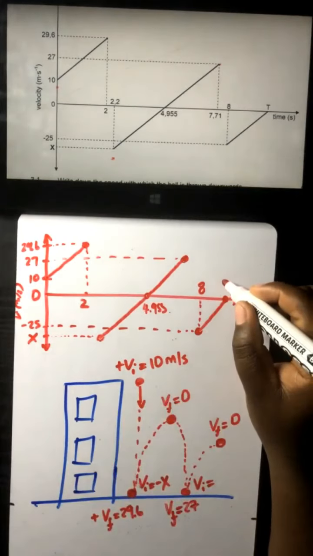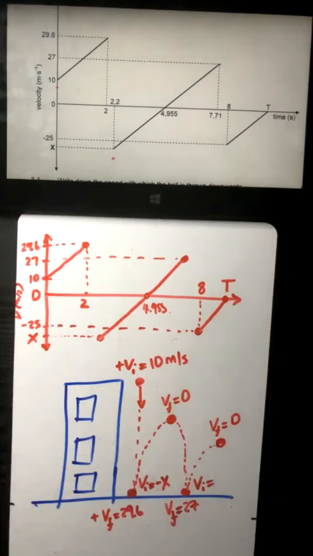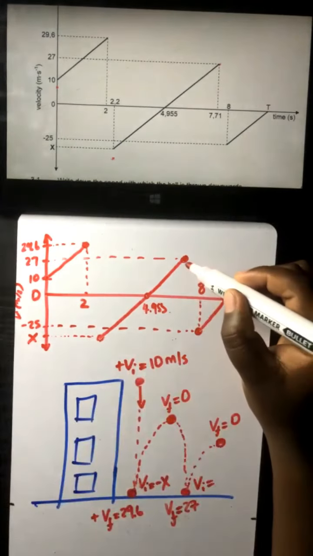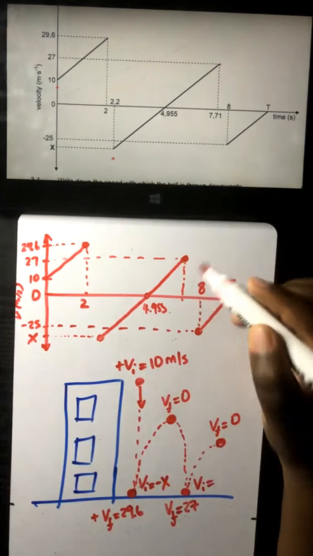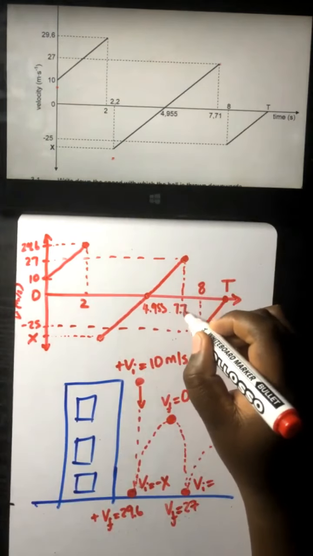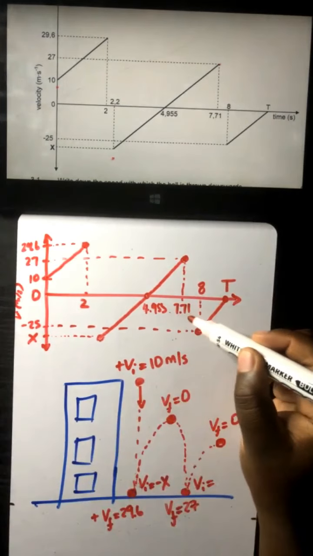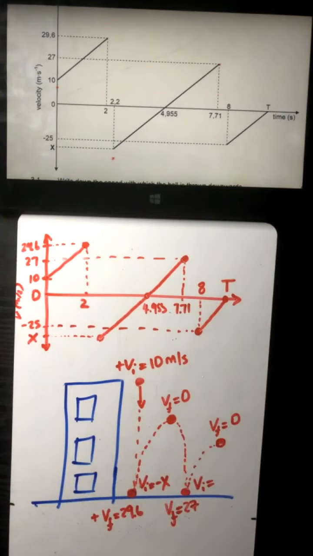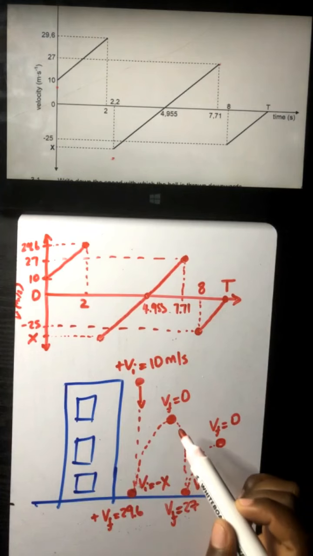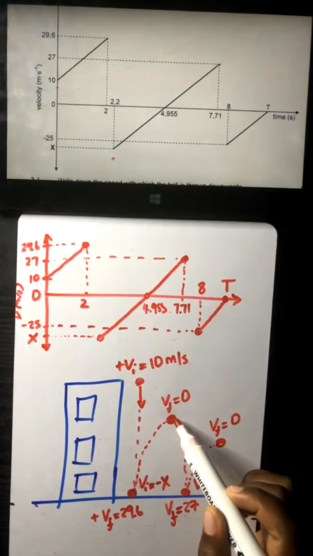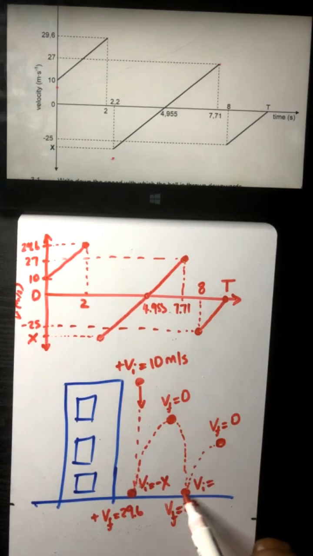And the time is not given there, but the time is t. And again, there's that time which is given over there, which is 7.71. What is that time? At that time, that's where that object strikes the ground.